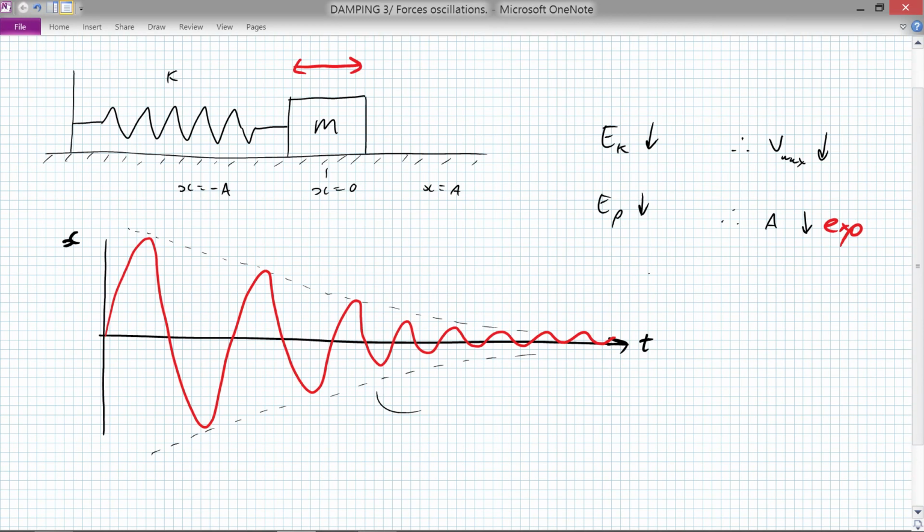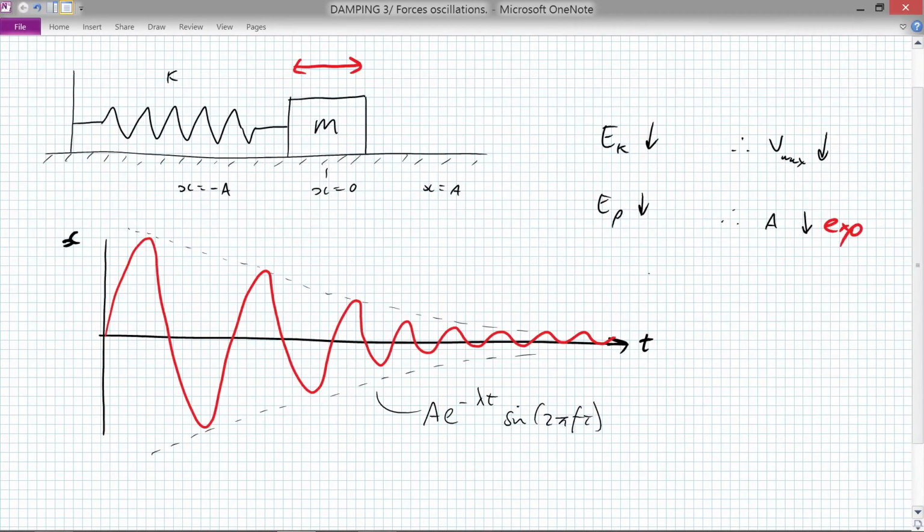You don't need to know this, but it would actually look something like e to the minus lambda t, where lambda is some constant, multiplied by the initial amplitude, then multiplied by the sine function that we had before.